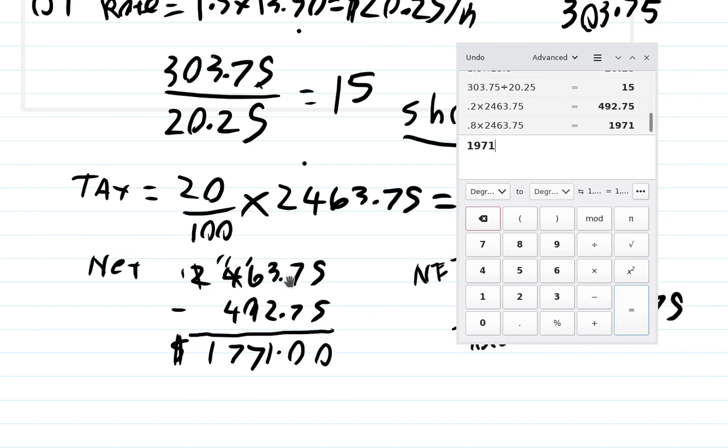Right? We had 2463.75 minus 492.75 equals. Alright.